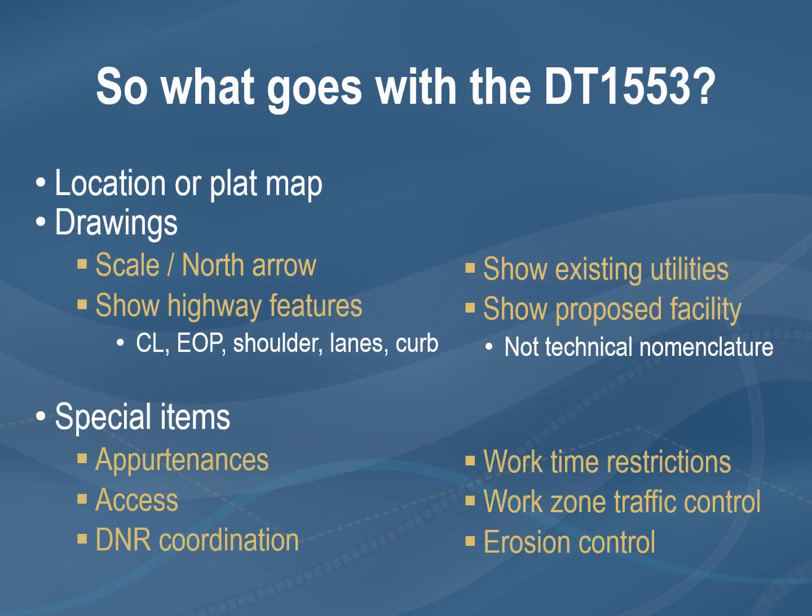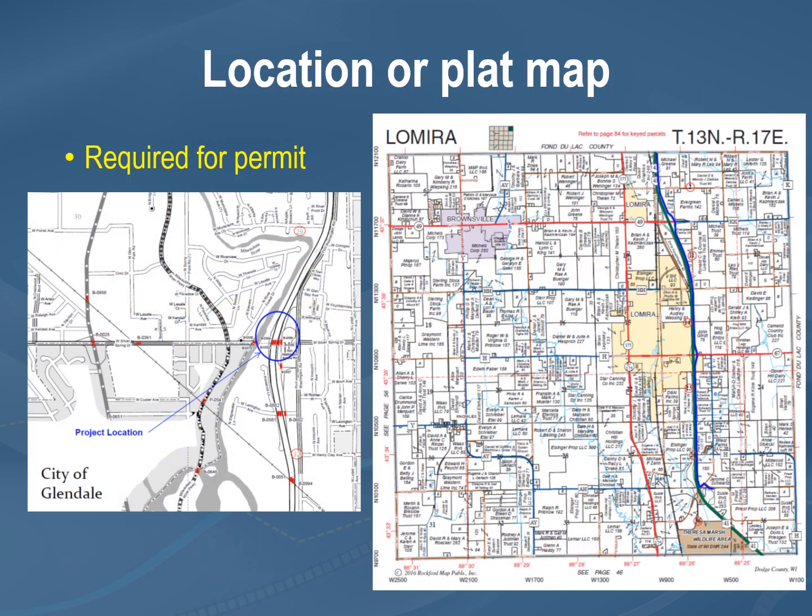So what else goes with the DT 1553 permit application? We'd like to see a location and a plat map, drawings of what's going out there, and any special items, including work zone, erosion control, things like that. We do need a plat map as part of the permit process.